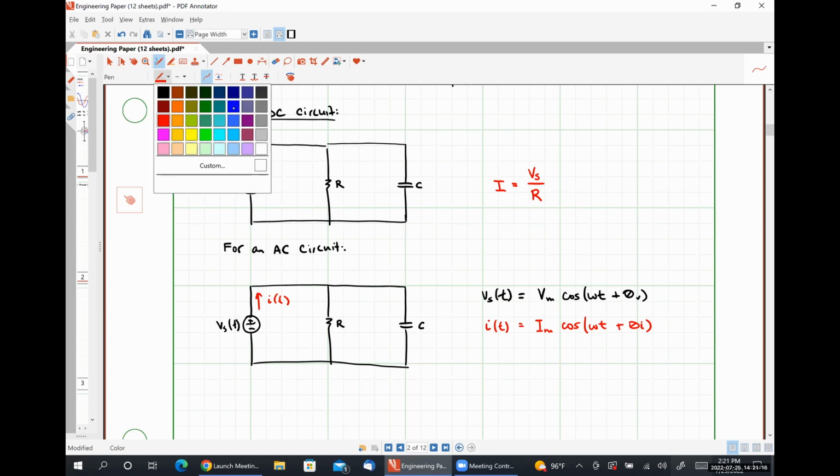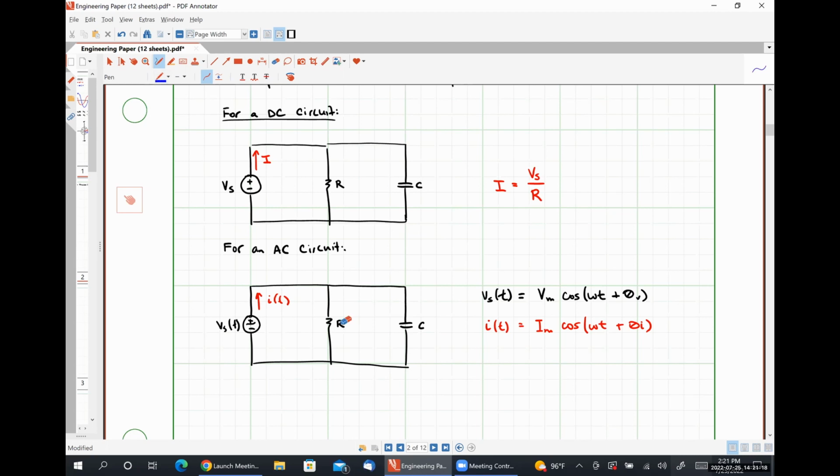So let's say that R is 10 ohms and C is 25 millifarads. Let's say that Vm is 12 volts.